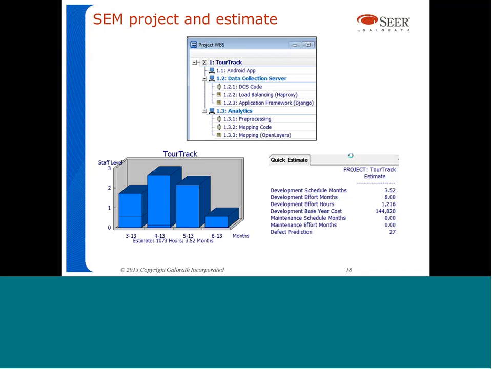If you see the work breakdown structure for TourTrack, there may be pieces of this that I could call mobile, but there's lots that I wouldn't call mobile. The Android app is the mobile portion, perhaps the lightest part of this work. The data collection server is one of the bigger pieces, and we had to write code for that.